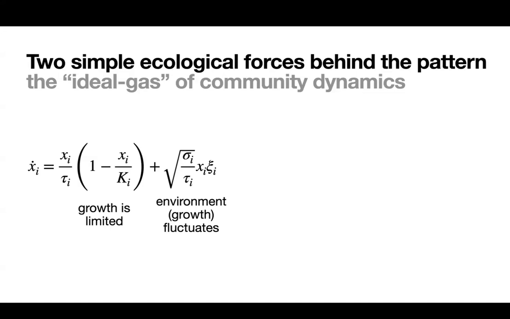One is deterministic, which is logistic and says that growth is limited, so you cannot grow forever, and there is a point where something will limit the growth of this population. The other term is related to the fluctuations of the environment, so it's a stochastic, noise term. The idea is that these fluctuations correspond to fluctuations of the environment, which are reflected in fluctuations of the growth rate. And that's why you have the proportionality of the noise term to the population abundance.